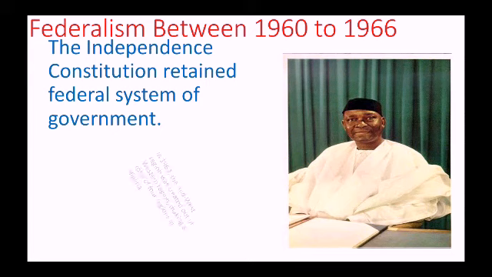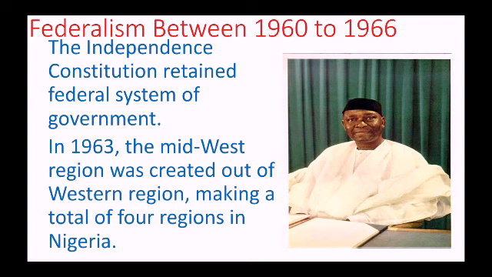And beyond that, in 1963, the Midwest region was created out of Western region, making a total of 4 regions in Nigeria. So, as at 1963, Nigeria had 4 regions, which was the Western region, Midwestern region, Eastern region, and Northern region.